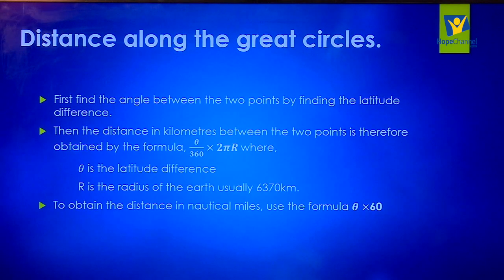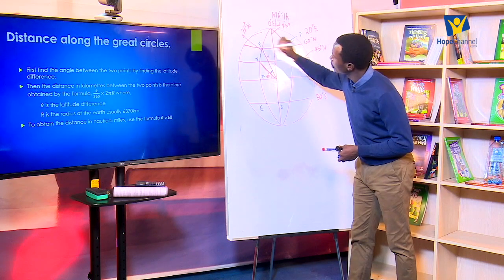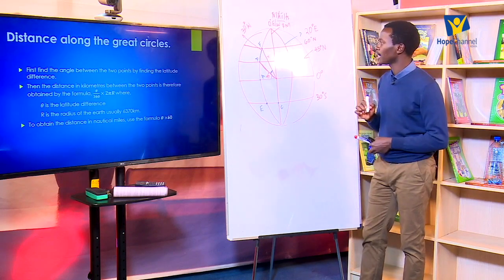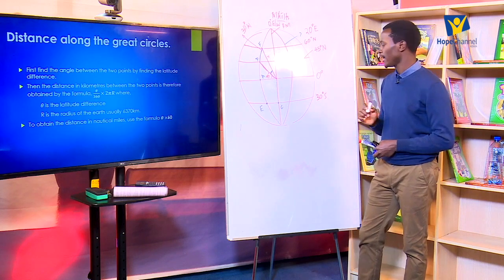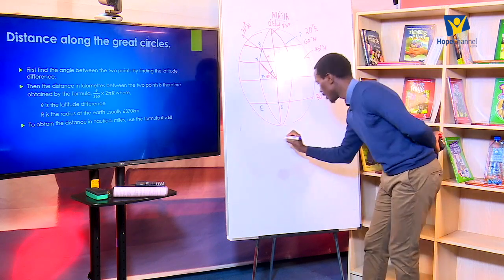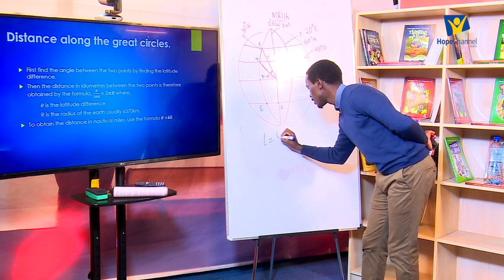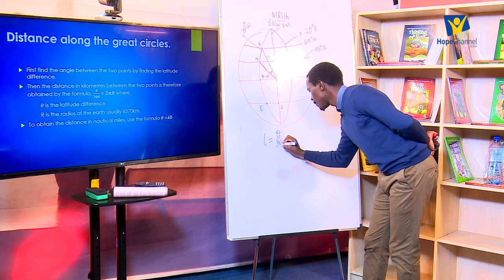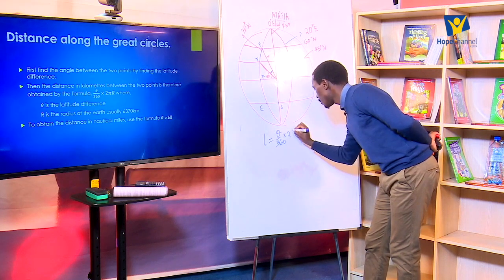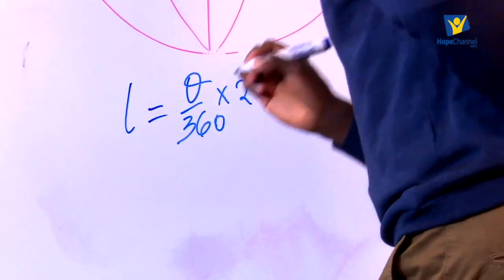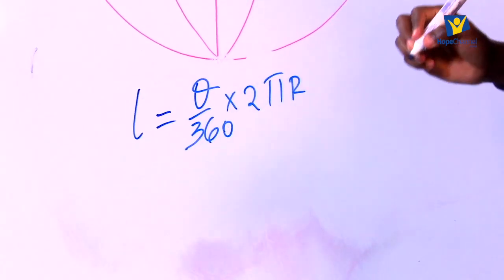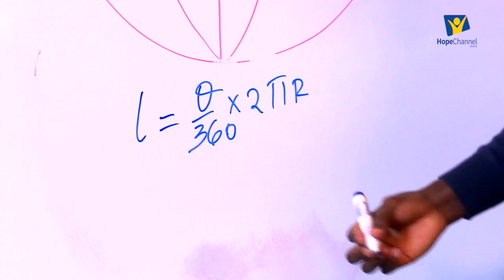After getting the angle between the two places, now we can find the length of that arc, to get the distance between D and F. Now, how do we get the length of an arc? Length of an arc, L, is theta over 360 multiplied by 2 pi r.